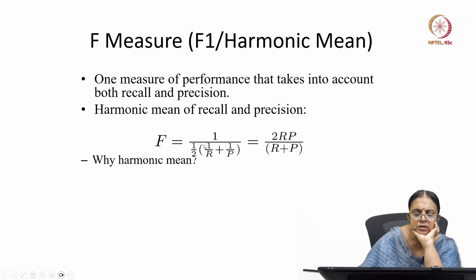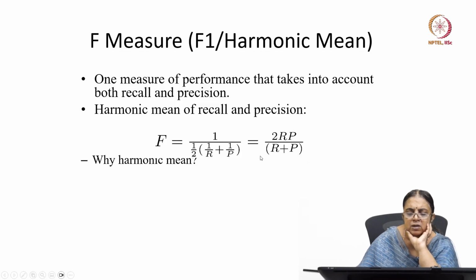That is 1 over half into 1 by r plus 1 by p, so it will be 2rp divided by r plus p. You want the F measure to be as high as possible. So this is another important evaluation metric.